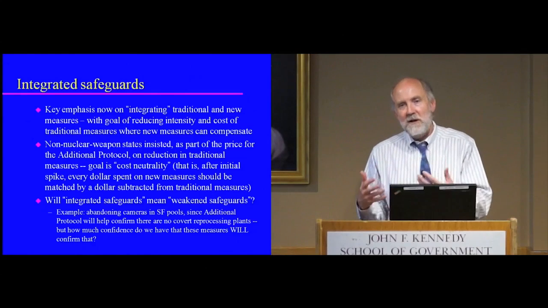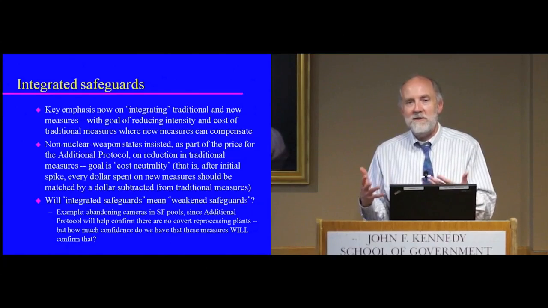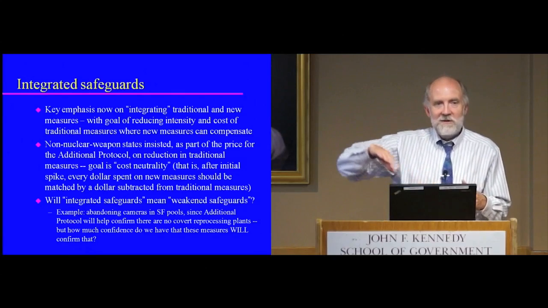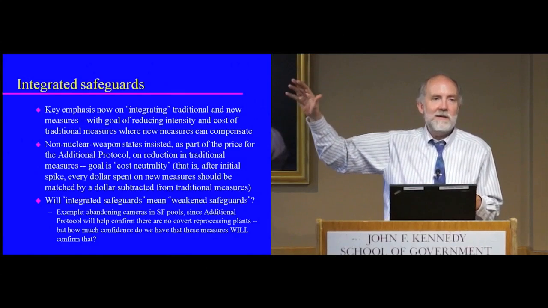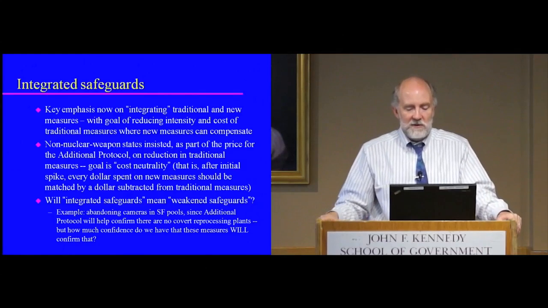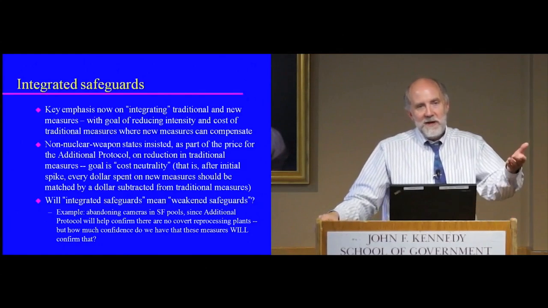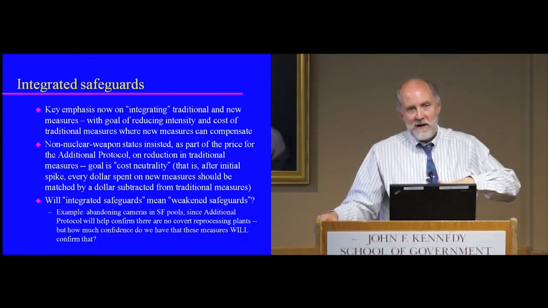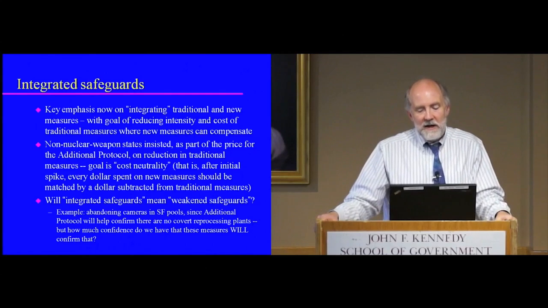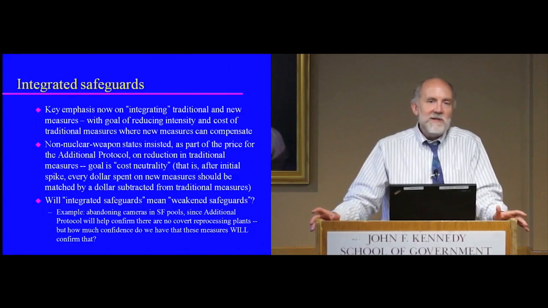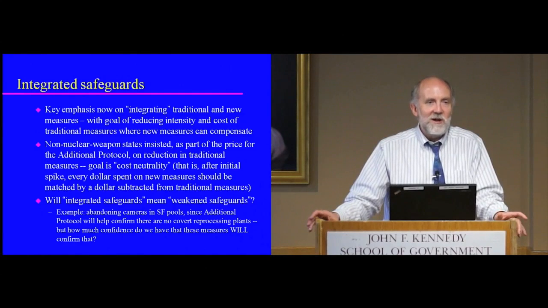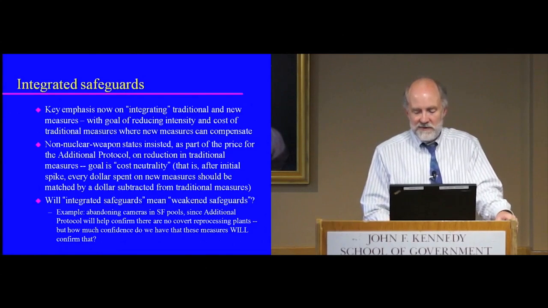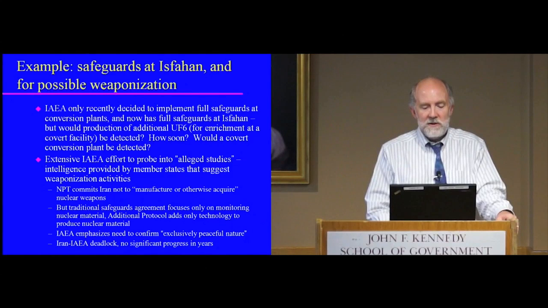In fact, in negotiating the additional protocol, the IAEA essentially promised that there wouldn't be a long-term net increase in safeguards expenditure. That would mean every extra dollar you spent on the new measures, ultimately you'd cut a dollar from the traditional measures. So that does create some concern. Some people worry that we'll cut so much from the traditional measures, we'll end up with a weaker system rather than a stronger system.